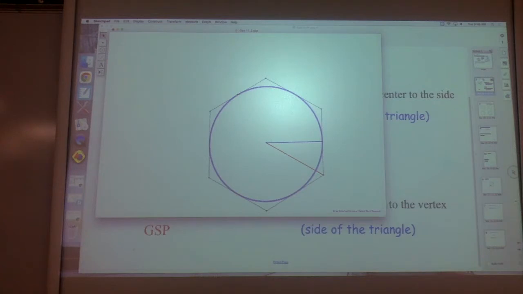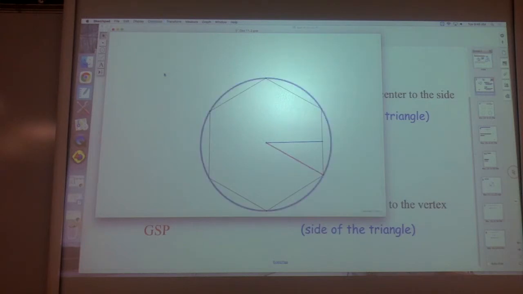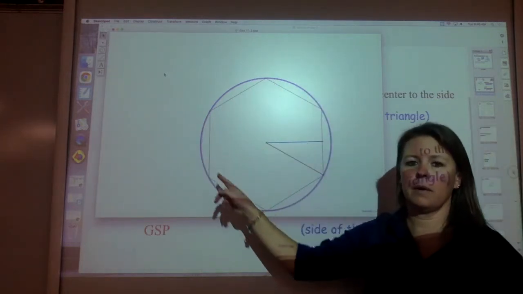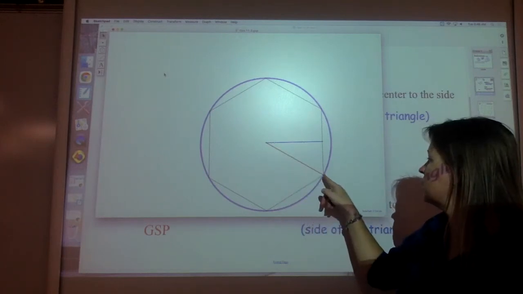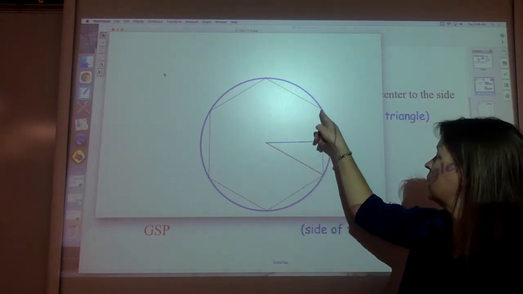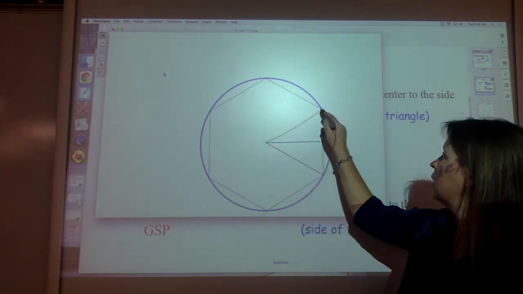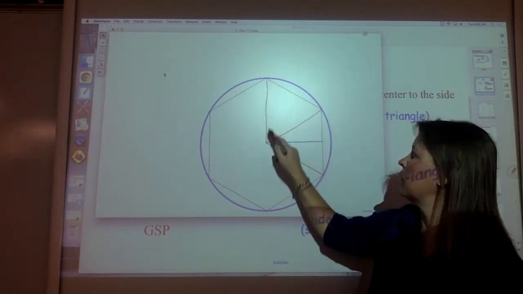But the radius, if I do the same with the radius, and now if I construct a circle with the radius, it made it blue instead of red, but take a look at my circle from my radius. The radius will actually be the radius of the circle all the way around, but the circle will be outside of the polygon.